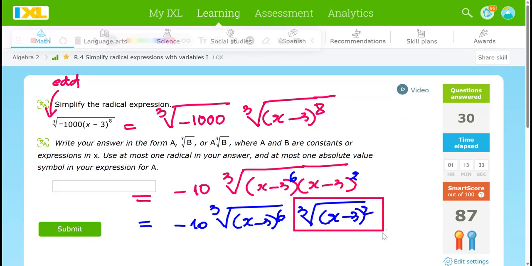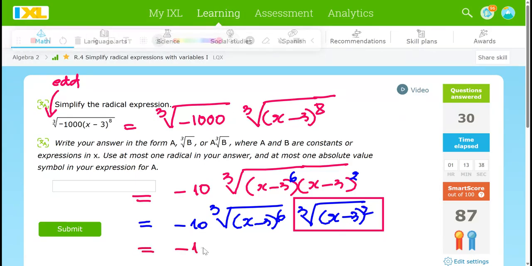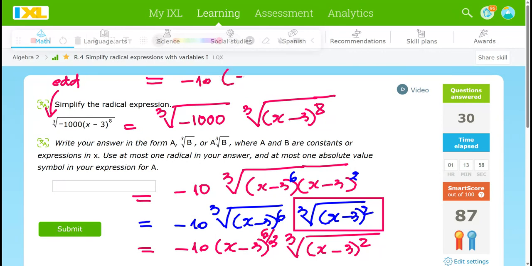This one stays. So the front part comes out negative 10, x subtract 3, 6 divided by 3, which is number 2. The back part you cannot simplify further. So here I put the final answer: negative 10, x subtract 3, squared, because 6 divided by 3 is 2, and then cube root of x subtract 3, squared.